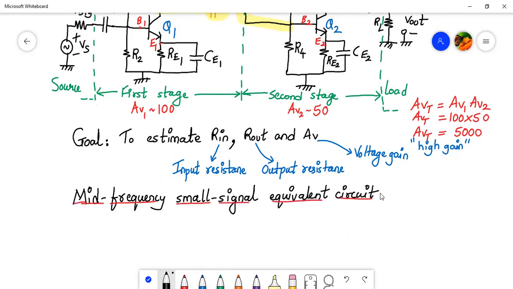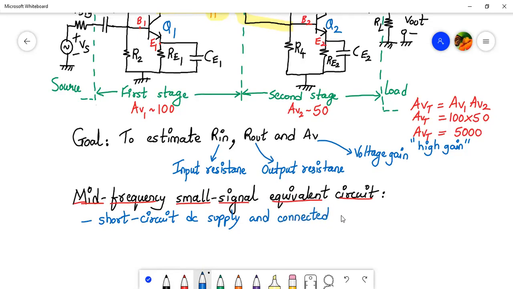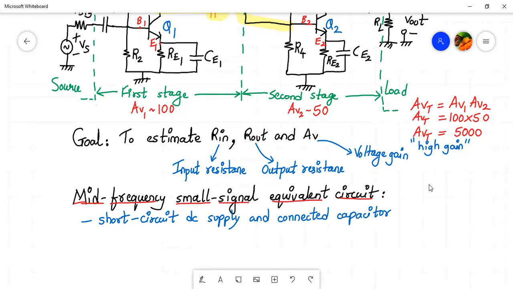Okay, fine. So to draw the mid frequency equivalent circuit, there are certain conditions. The conditions are that we have to short circuit the DC supply and short circuit all the connected capacitors. So that's the assumption for drawing the mid frequency small signal equivalent circuit. Okay.